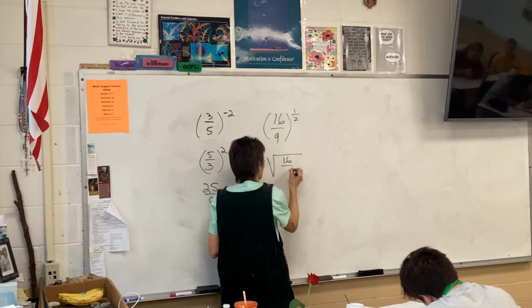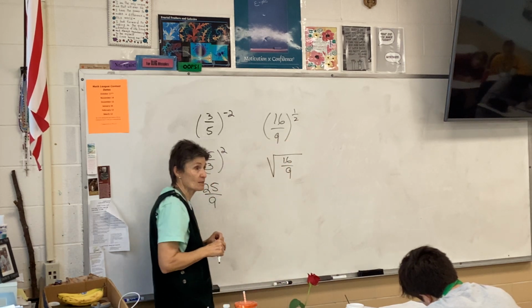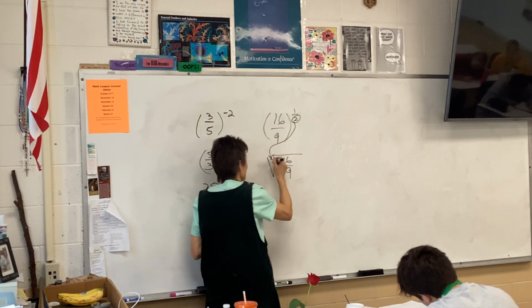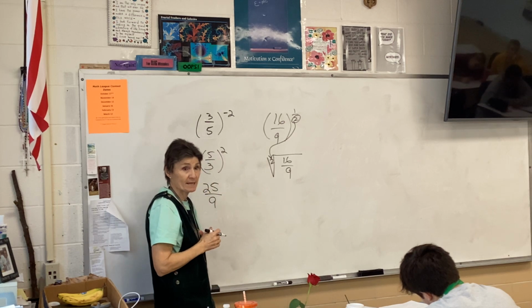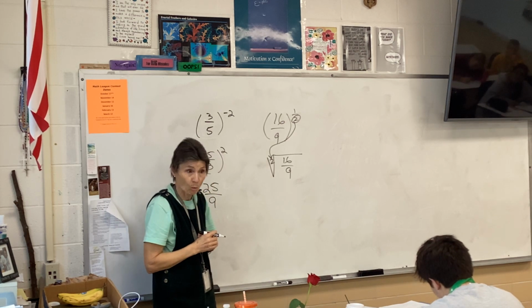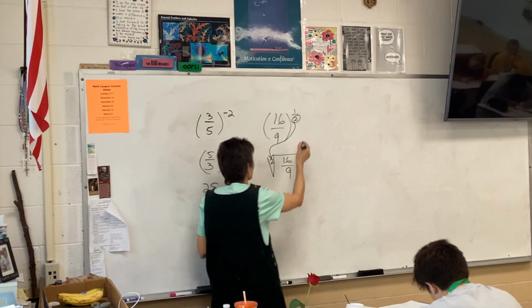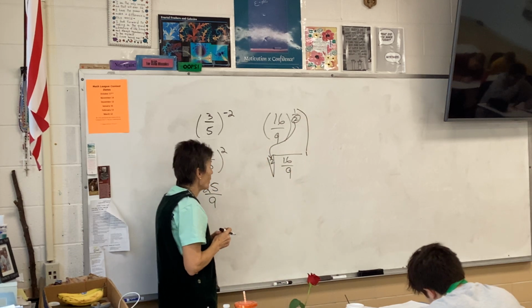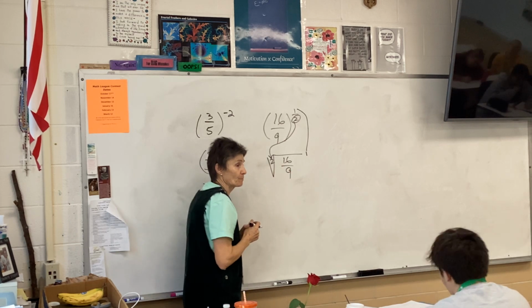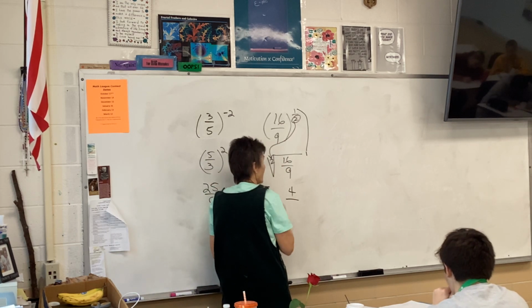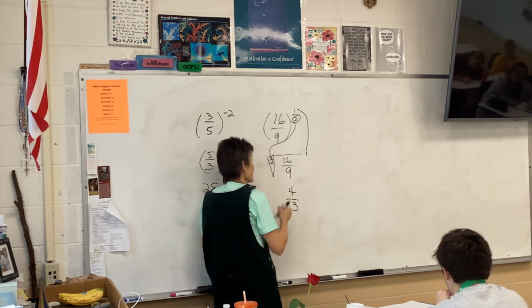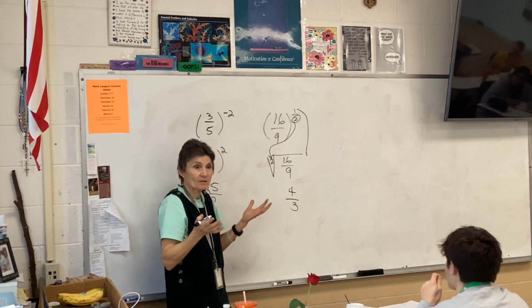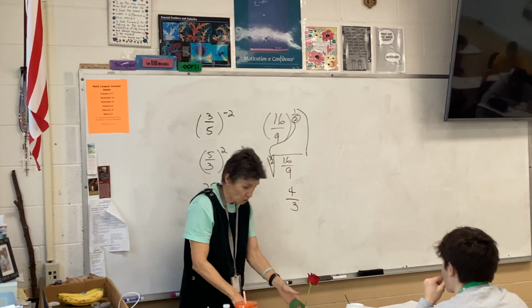And under the radical is the number that has the exponent. And the denominator of the exponent tells me which root I am taking. So this is going to be a square root problem, and I'm going to take it to the first power. So what's the square root of 16? 4. And the square root of 9? 3. Since it's to the first power, it just stays the same, right? If it's to the first power, it does not change.